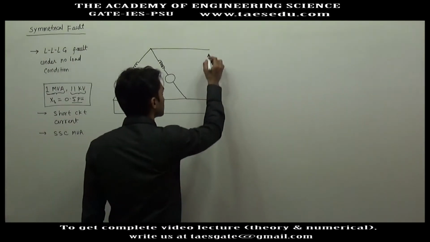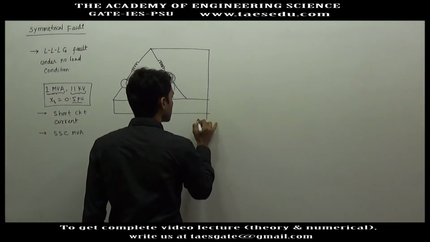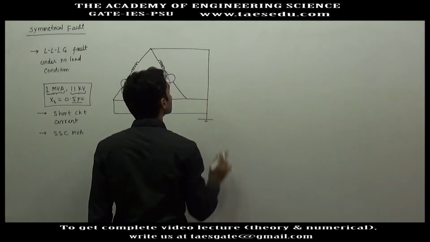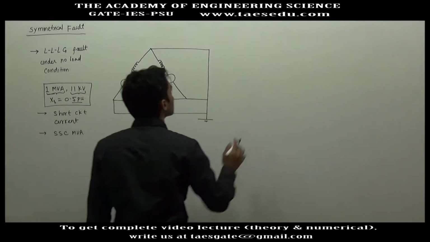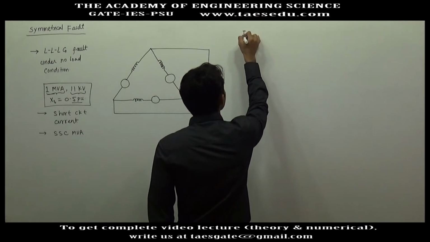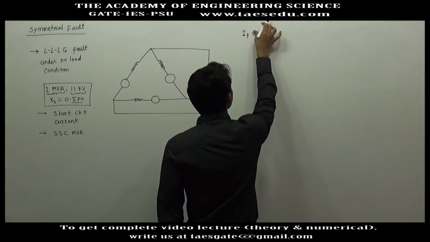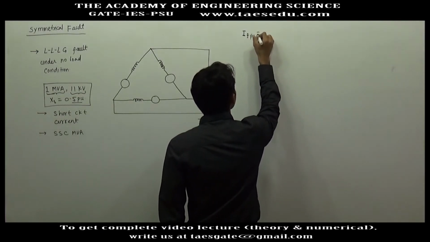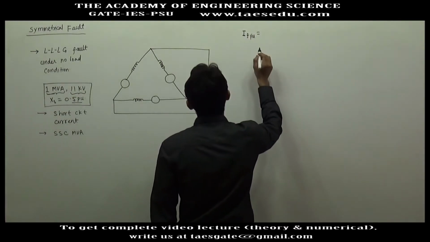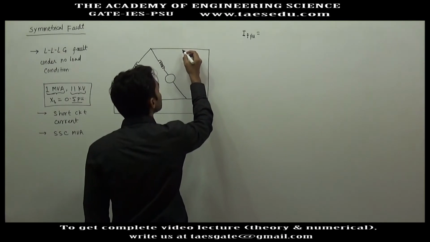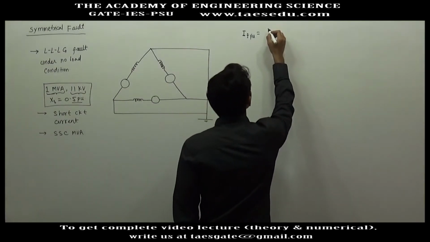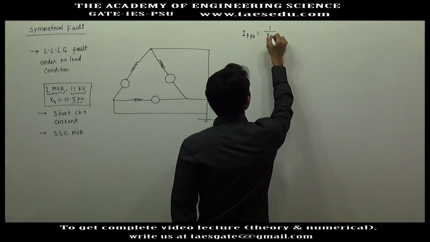Here also let us consider the three phase fault, and we have to verify whether the pu value of IF, the pu value of fault current, is equal to 1 by XS pu.